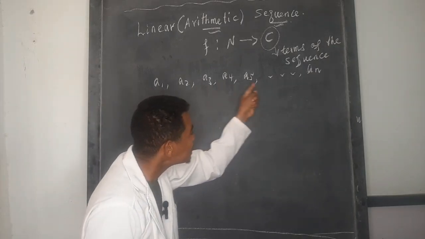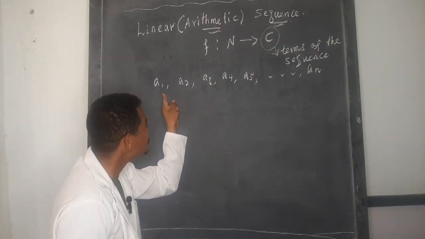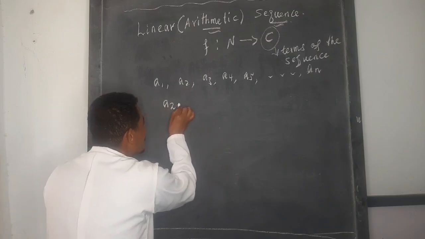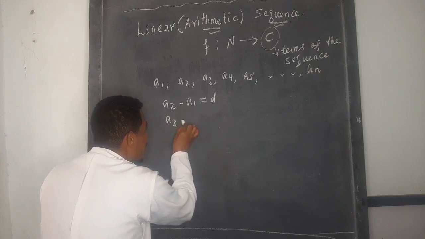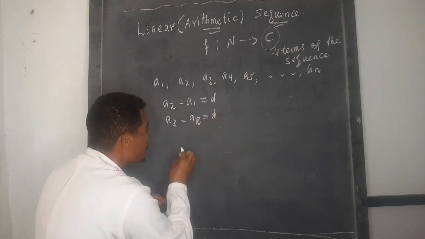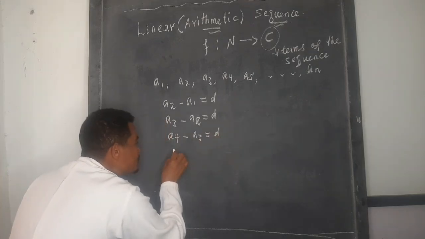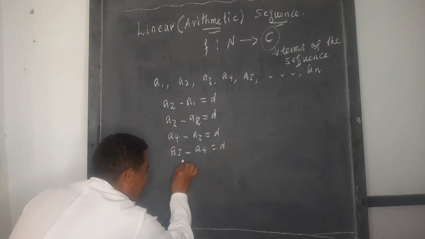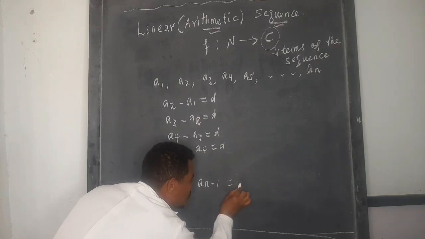This sequence is said to be an arithmetic sequence or linear sequence when the difference between each consecutive term is constant. That means a2 minus a1 is equal to d, a3 minus a2 is equal to d, a4 minus a3 is equal to d, again a5 minus a4 is equal to d, like this, and continuing, an minus a(n-1) is equal to d.